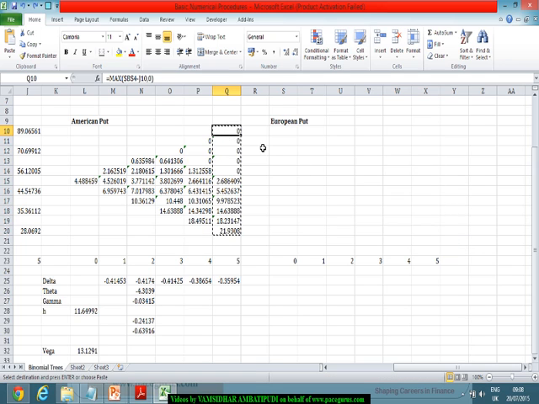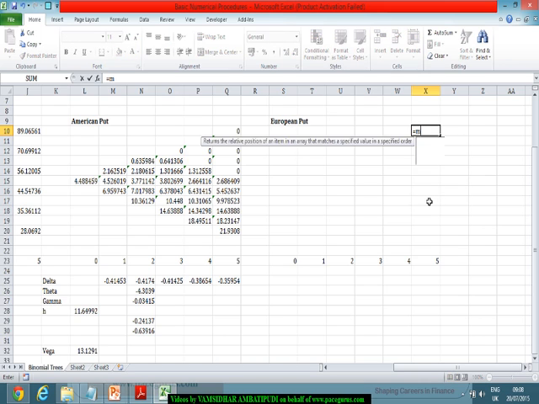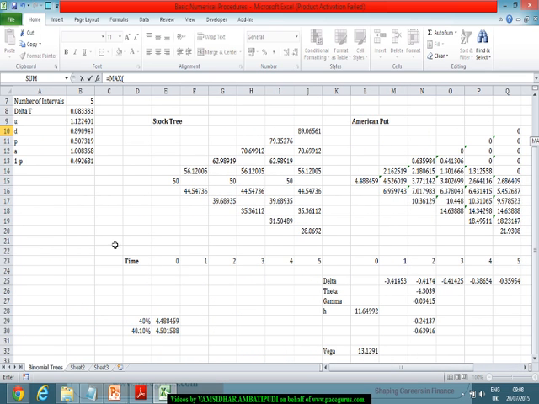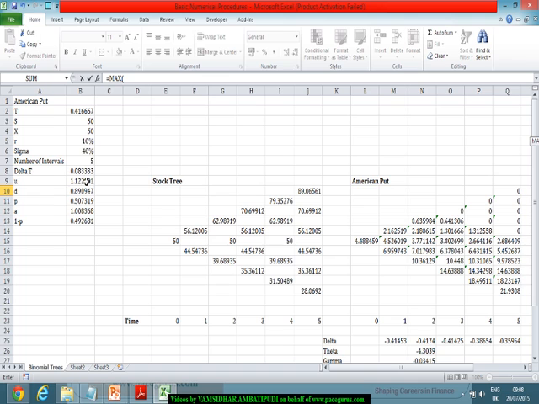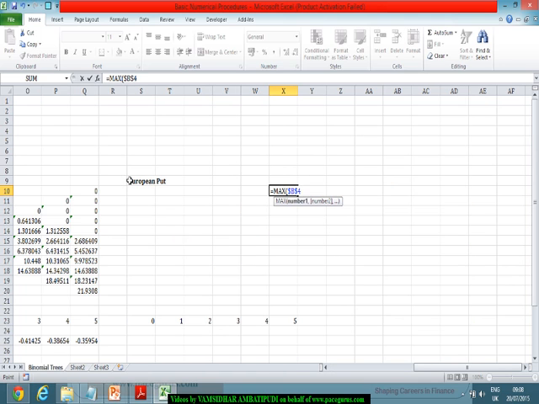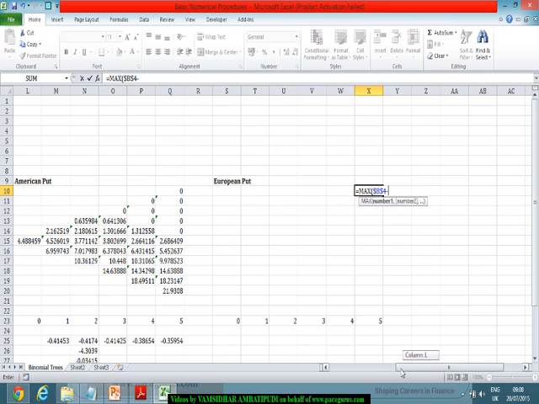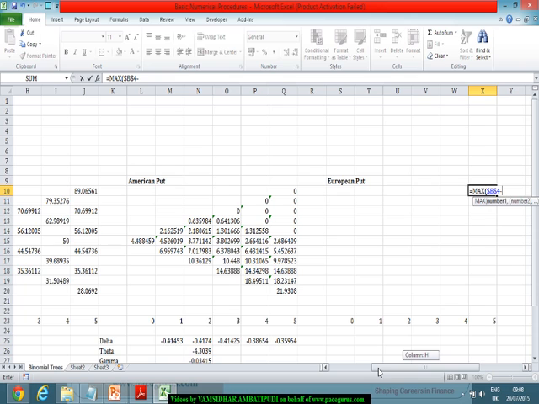So here I'll find out the max of the strike price minus the stock price. So this works out to be my strike price minus the stock price, comma 0.